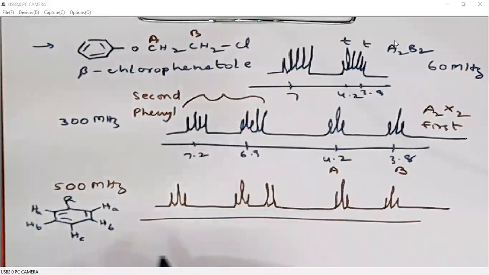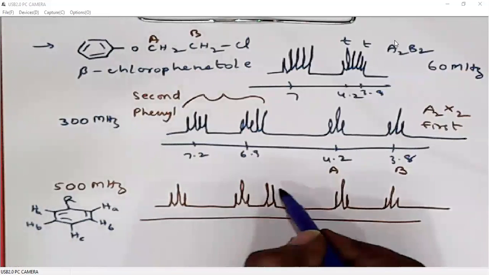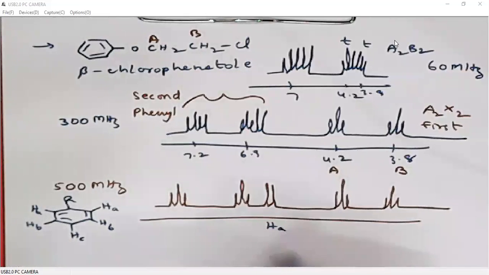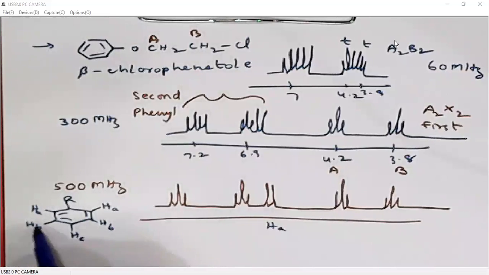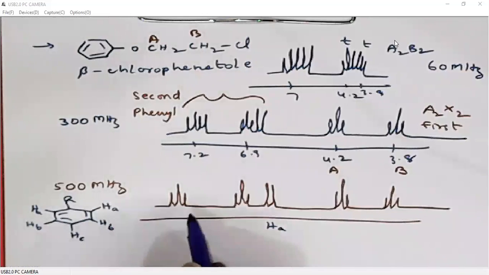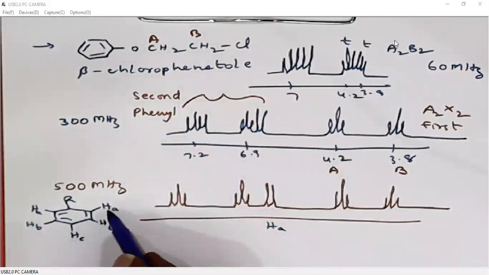Now, look at this. This proton has only one alpha proton, so it gives a doublet. This is for HA. This proton has two alpha protons, so it gives a triplet. Similarly, this proton also has two alpha protons, so it also gives a triplet. Generally the delta values for ortho and para protons will be similar.